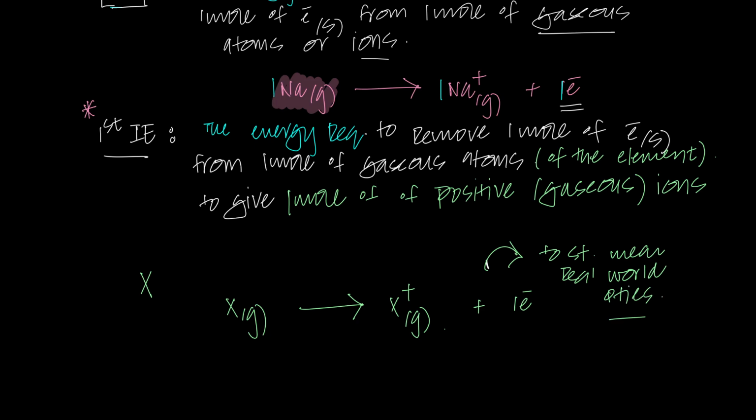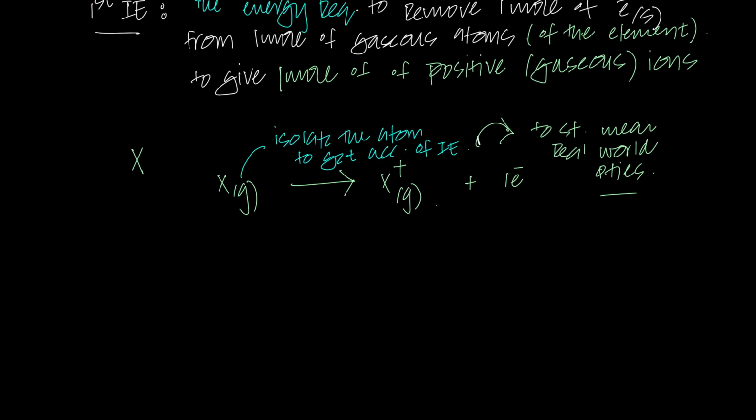Why gaseous atom? Because we want to isolate the atom to get an accurate value of ionization energy. If it's not in the gaseous state, all the other atoms would be interacting with it, and the value may not be that accurate. So that's the first ionization energy.